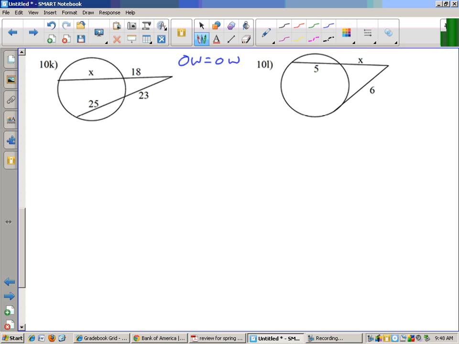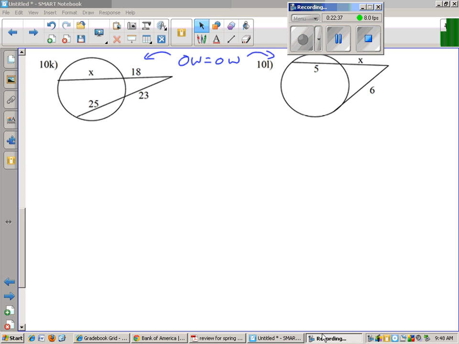This is going to be OW for both of them because they both intersect outside. Now, this one is actually going to get long. One of these is going to get long. Man, I almost need to start this thing over. Let me just see it. Yeah, I'm going to start it over.